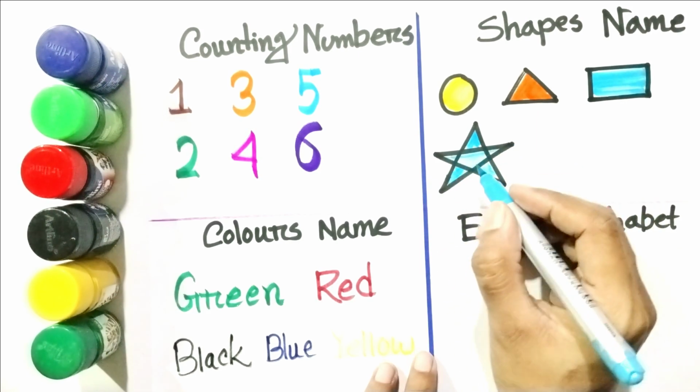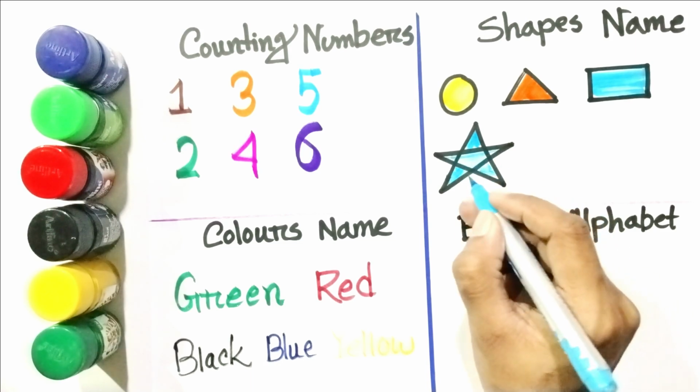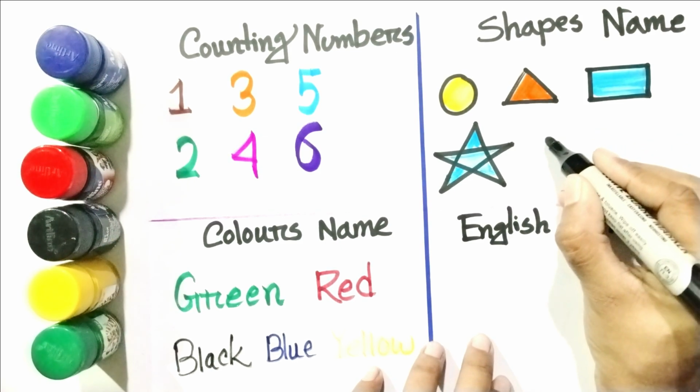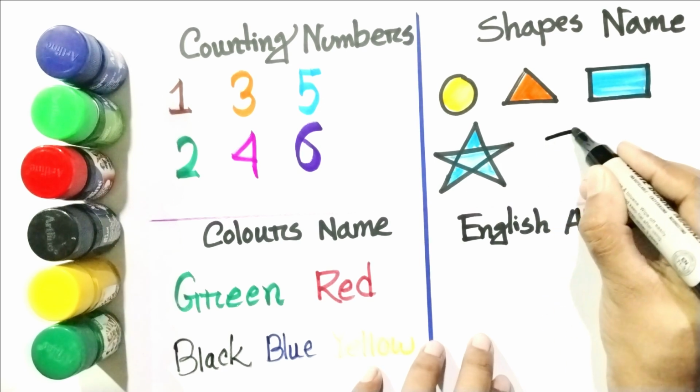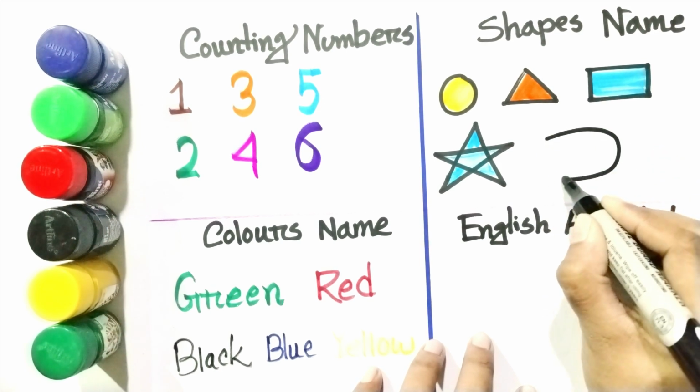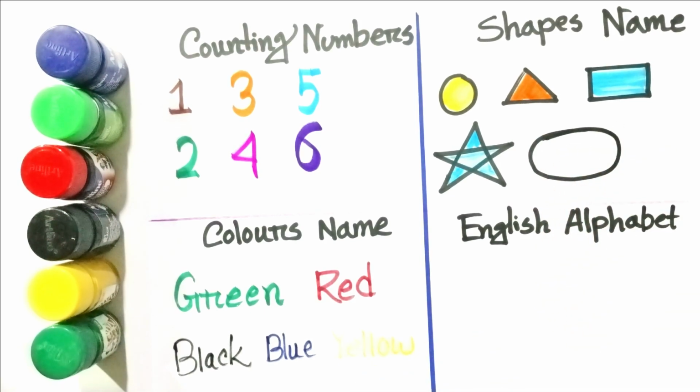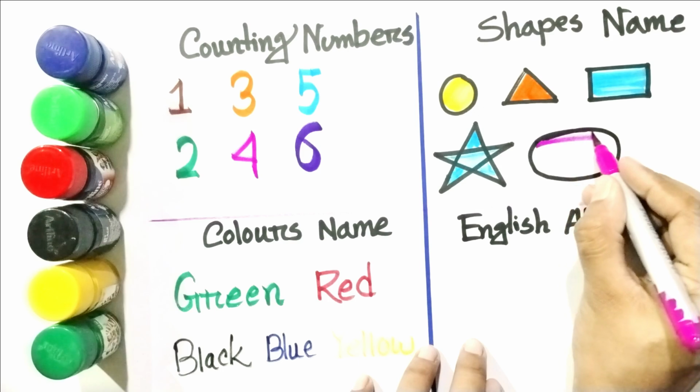Again say with me, shape name, star. Say with me, shape name, oval. Draw with me an oval. Color with me, oval.